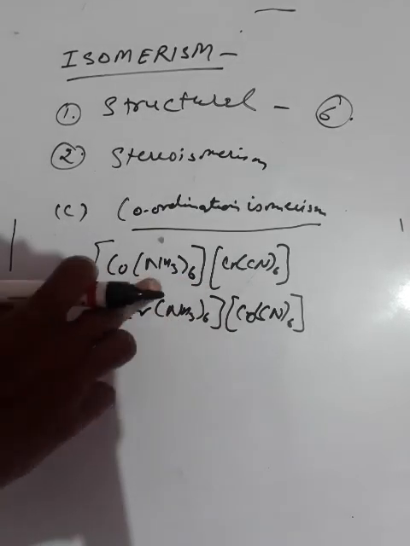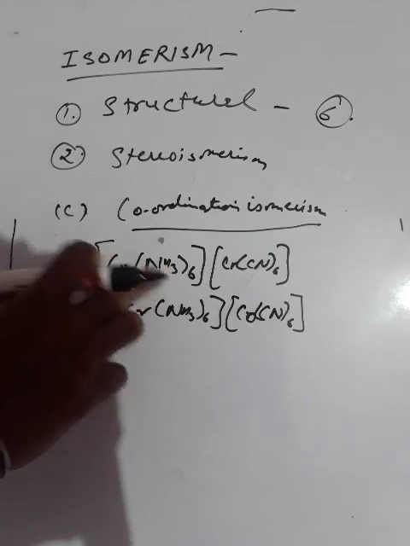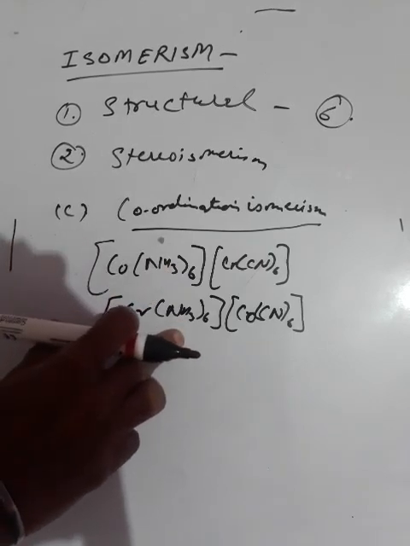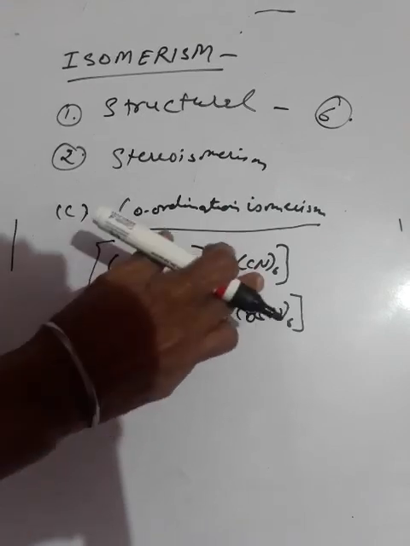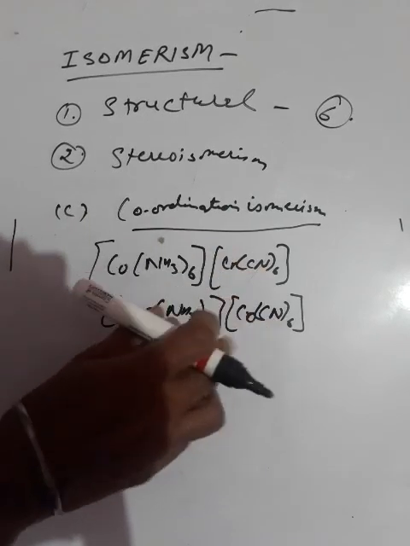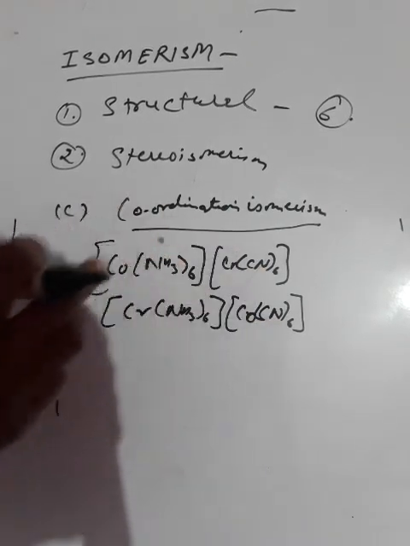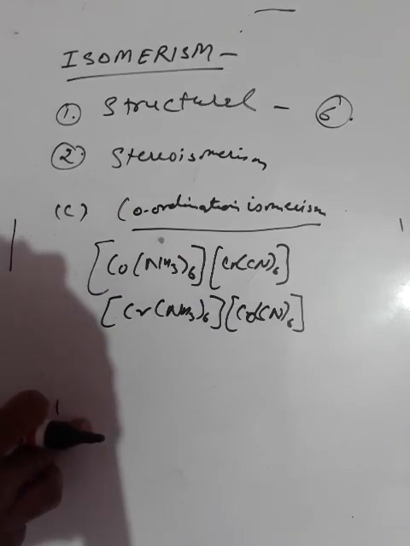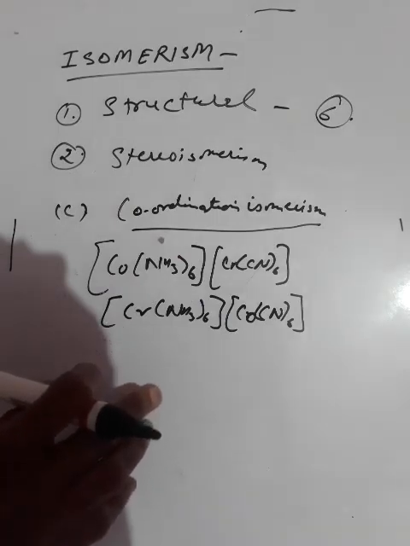Here we have ammonia with cobalt and here ammonia with chromium, and cyanide with chromium and cyanide with cobalt. So this type of isomerism, which has different distribution of the ligands but the same molecular formula, will be considered under coordination isomerism.